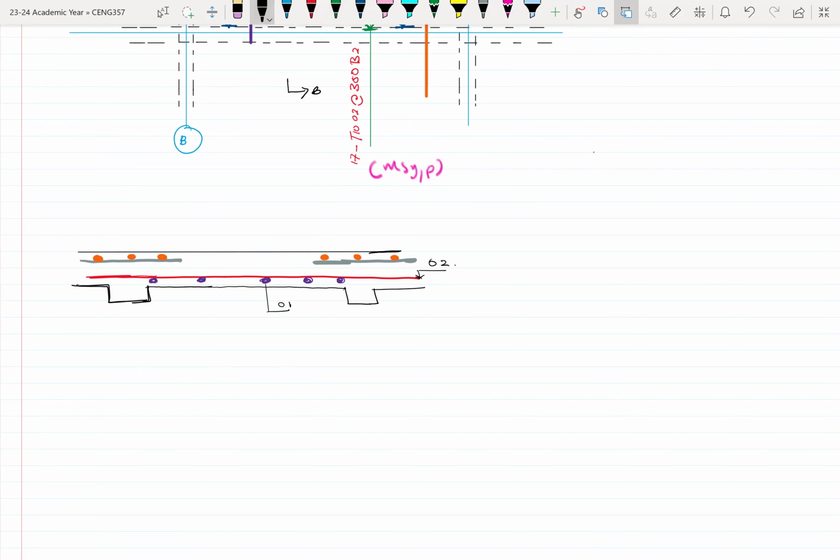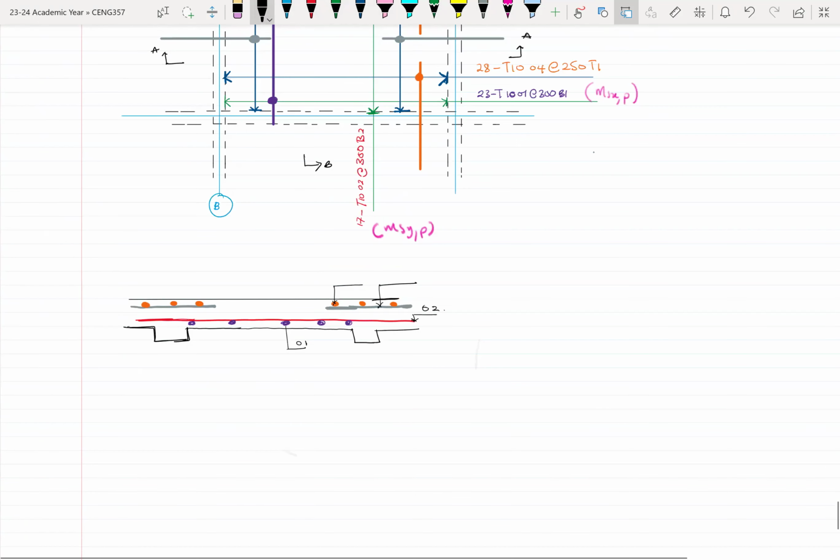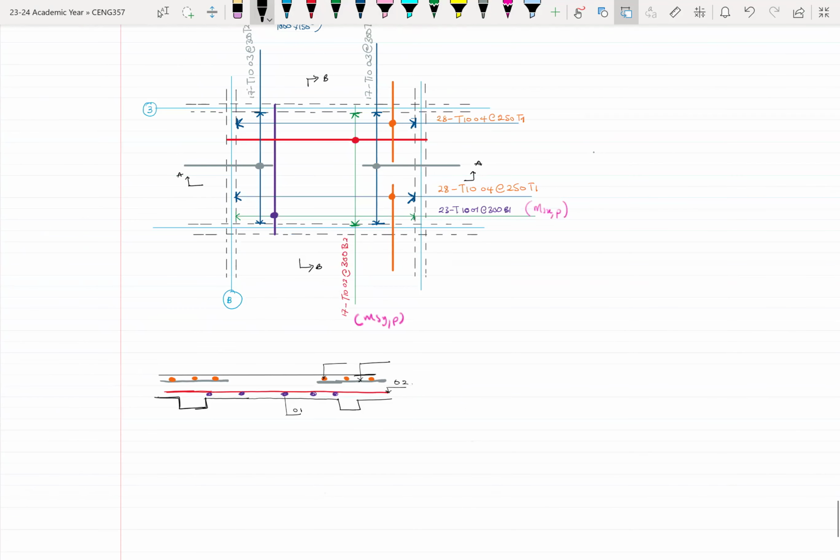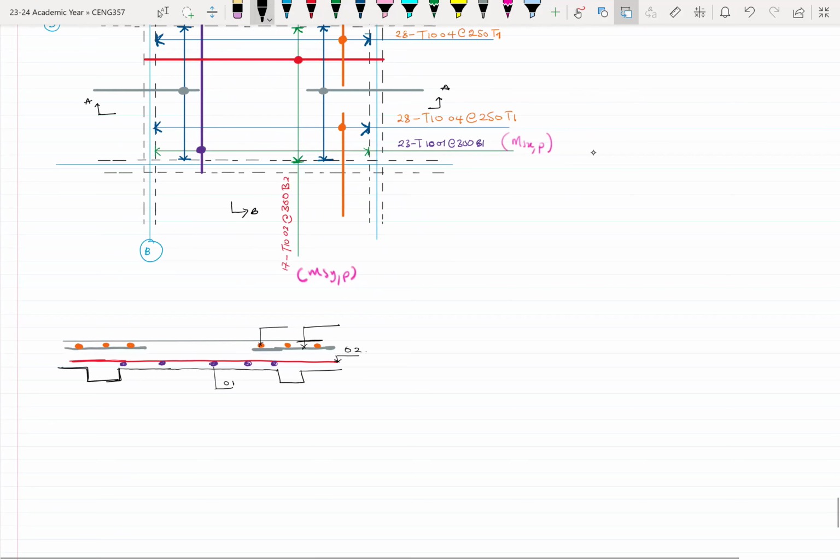In terms of the labeling, this here and this here will be different. So the ash is 03, and then this one is what I just drew. Okay, let me go back.